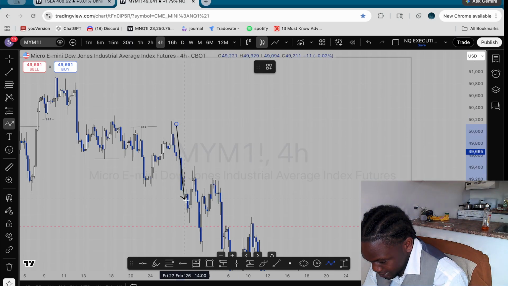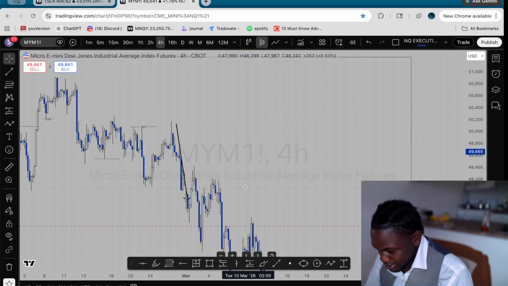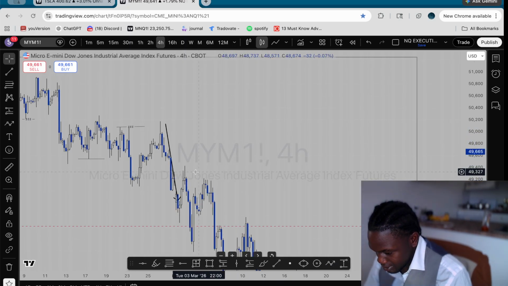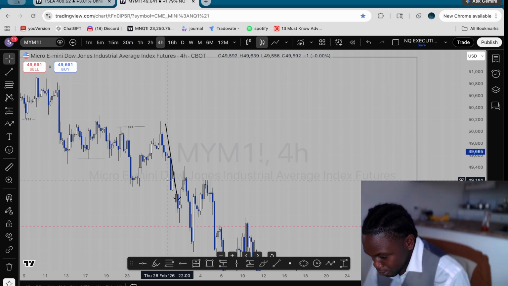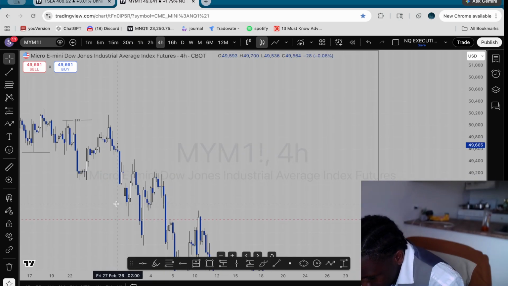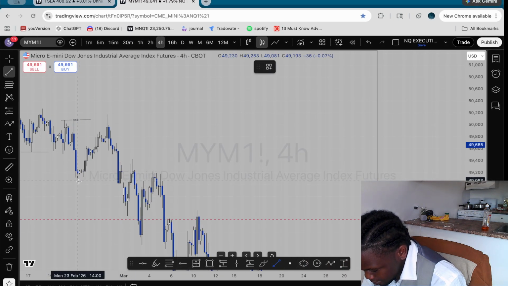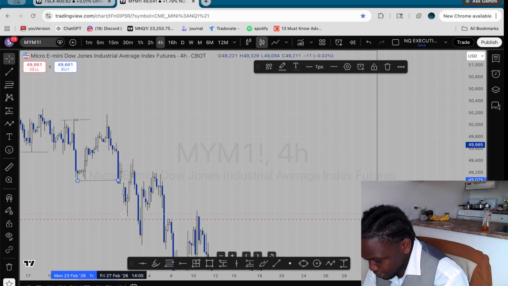This is what I'm saying. Then it continues lower. So now we've made a new lower low, right? Made a new lower low right here. Broke that old low, made a new one right here.